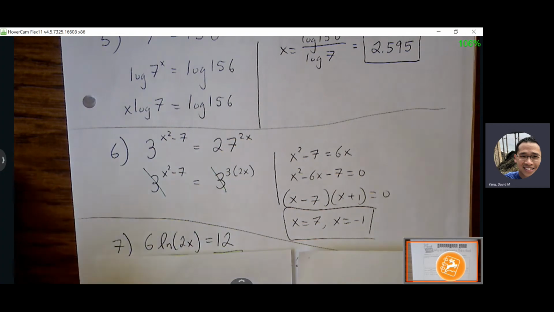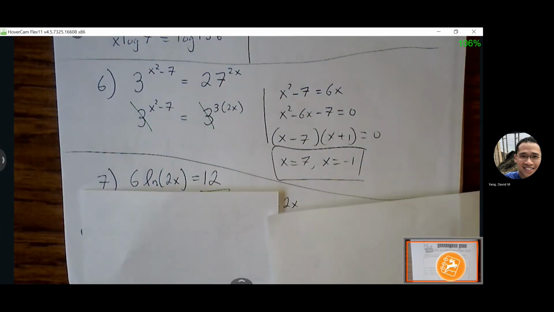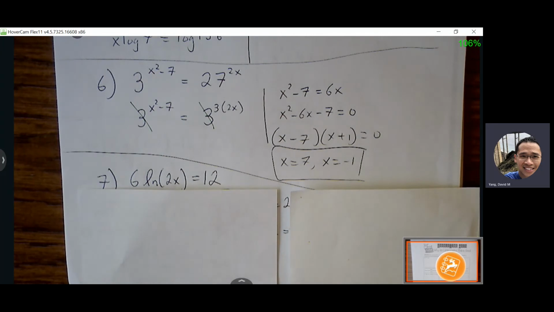All right, number 7. Six natural log of 2x equals 12. Okay, let me ask you, how would you start this problem? Divide by 6.